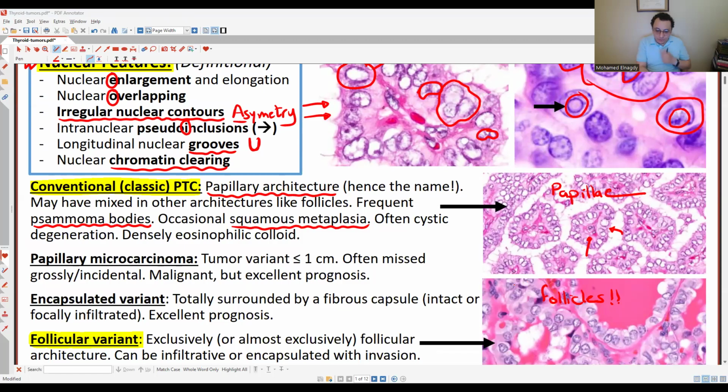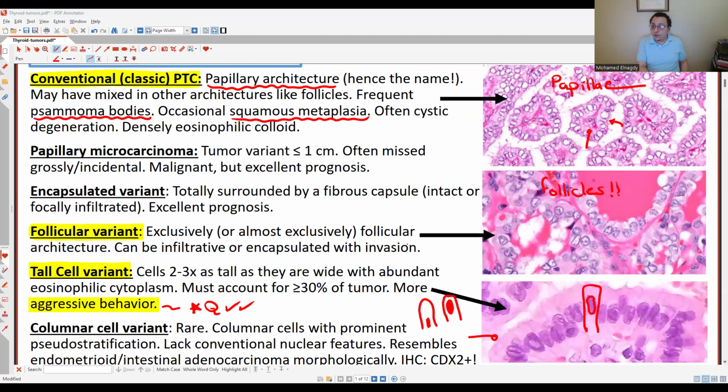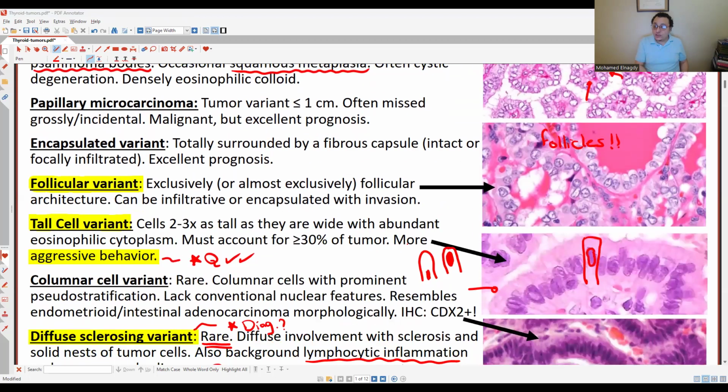Noor is having a question about the follicular variant. Follicular variant just looks like follicular carcinoma, Noor. So it looks like follicular carcinoma, but it shows the classic papillary nuclear features. This means that if you see follicles, this doesn't necessarily mean that you are dealing with a follicular carcinoma. You need to go high power and look carefully at the nuclei and make sure that there are no papillary nuclear features.